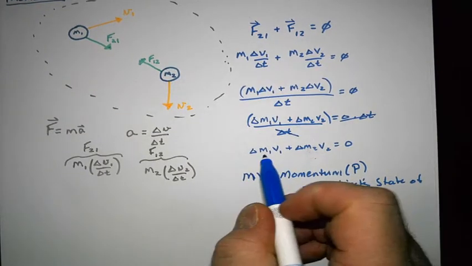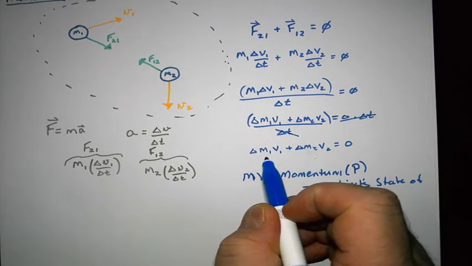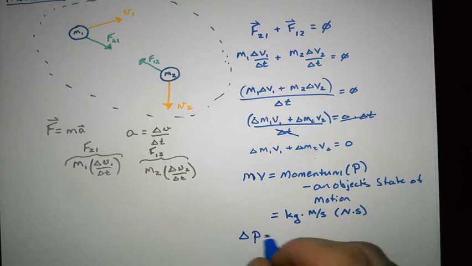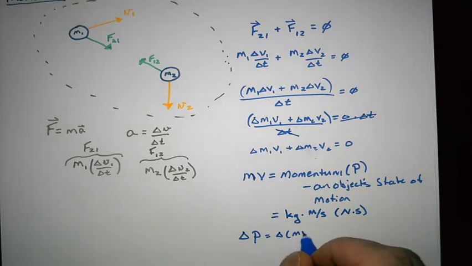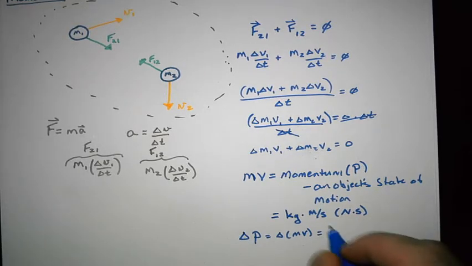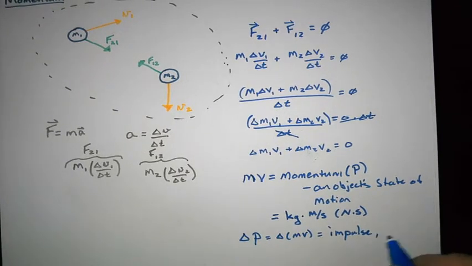And this value up here, our change in momentum, delta P, which equals delta m times v, is called impulse. And it actually has a letter, J. Again, I don't know why.